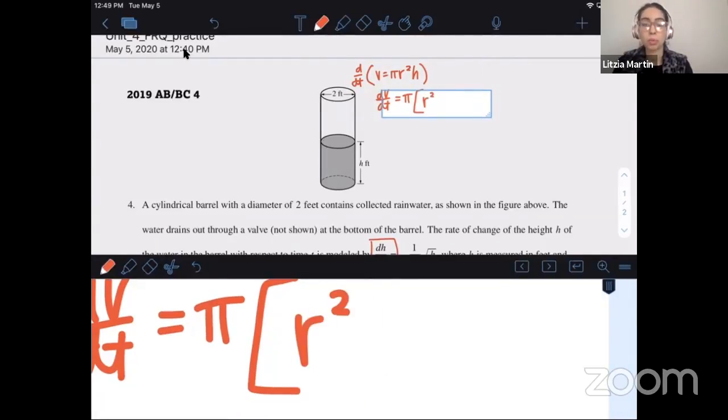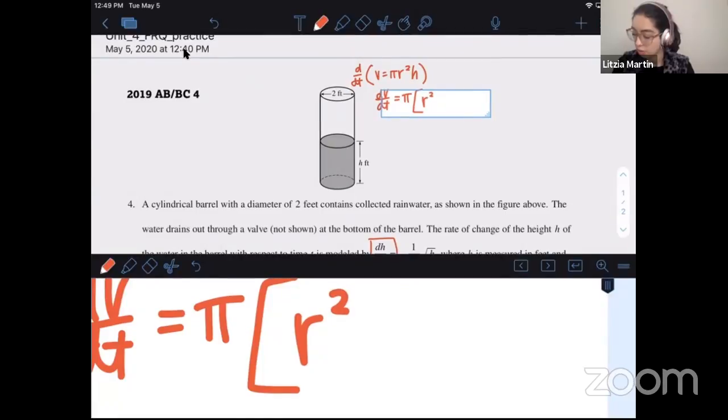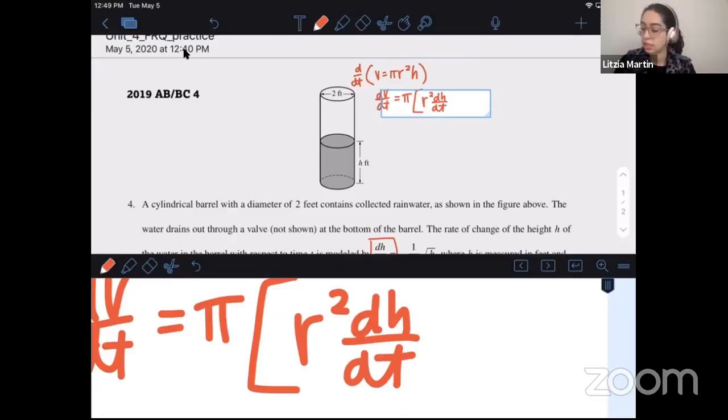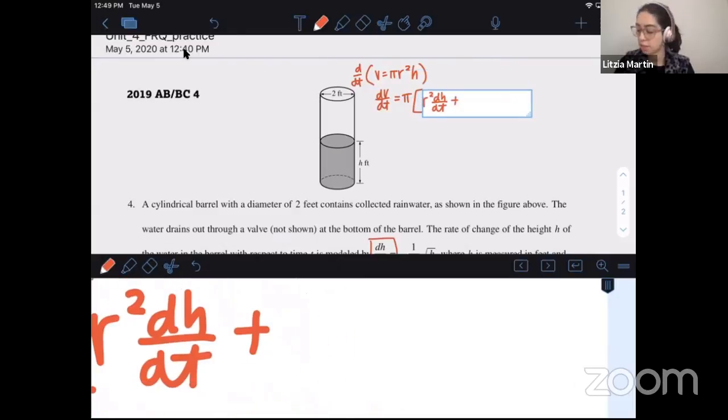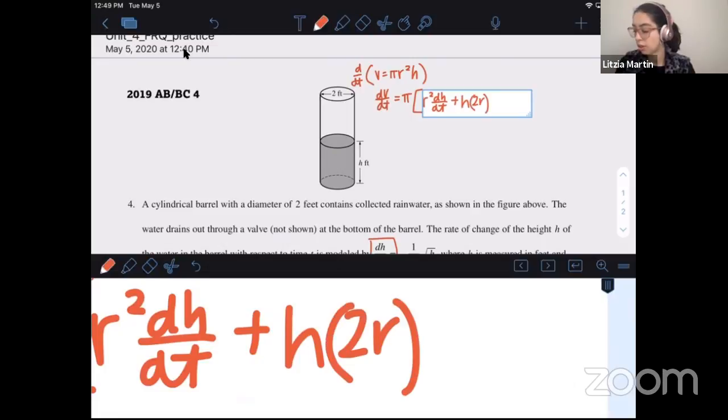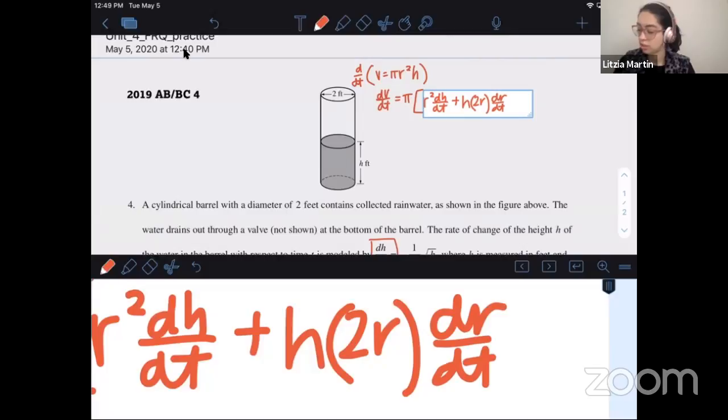Derivative of h will be 1 times dh/dt, plus the second, which is h, times the derivative of the first. We're taking the derivative of r squared. That will be 2r times dr/dt. Okay.